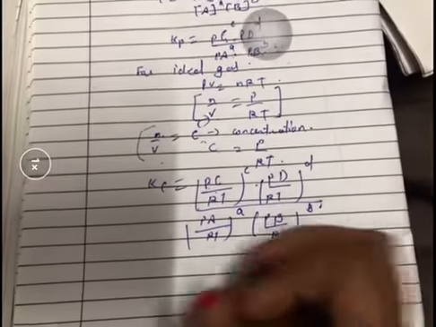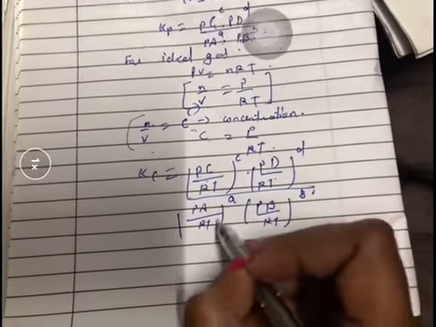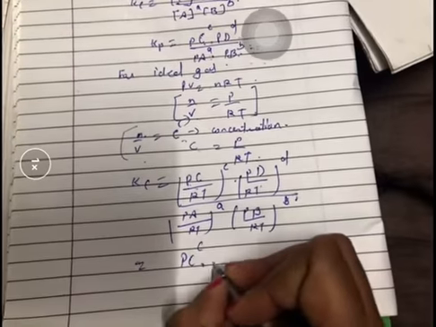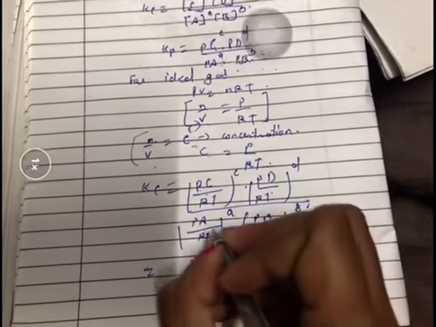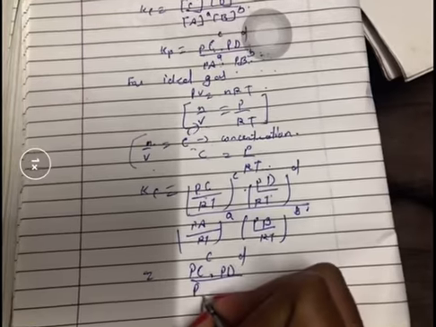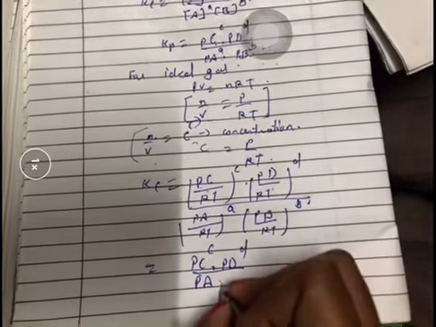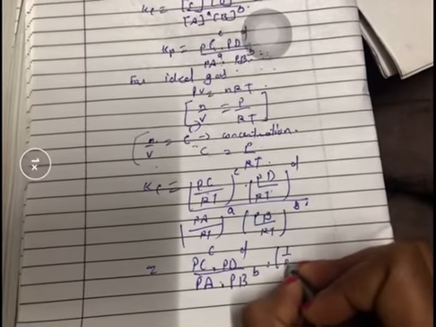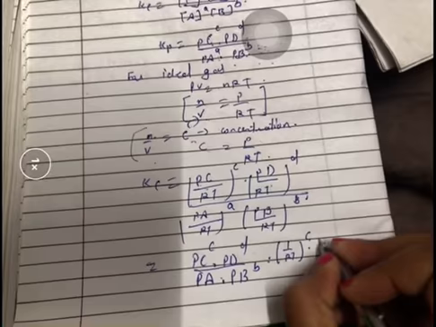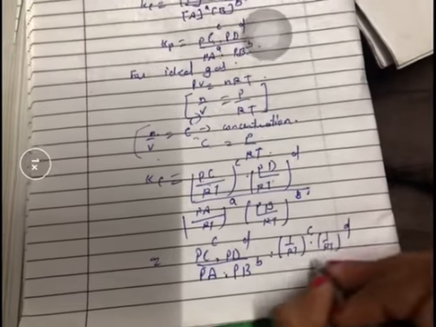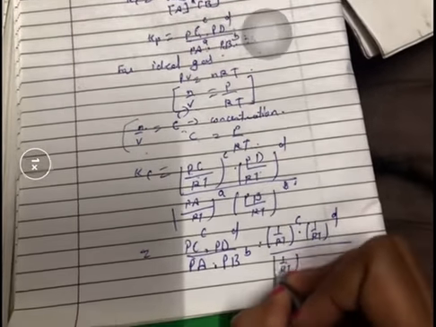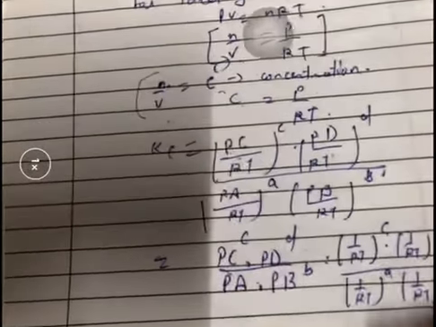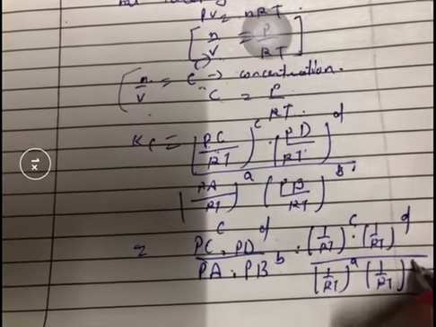Clear? Now I can take the partial pressure terms common. From here, Pc, Pd, Pa and Pb raised to their powers, then I will get 1 upon RT raised to power c into 1 by RT raised to power d, upon 1 by RT raised to power a, 1 by RT raised to power b.